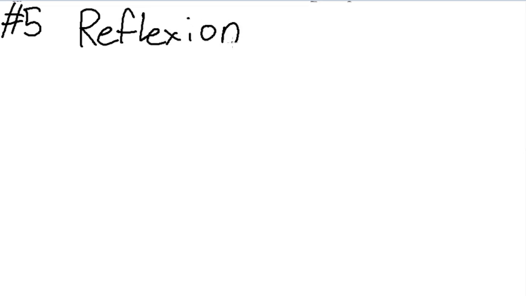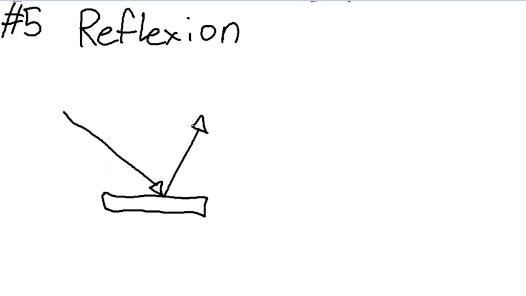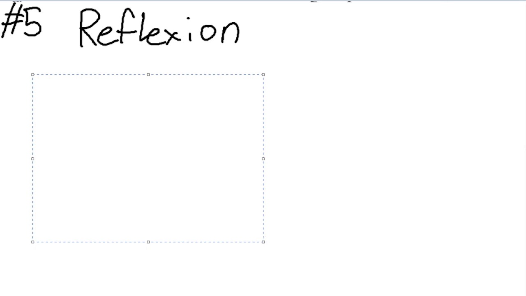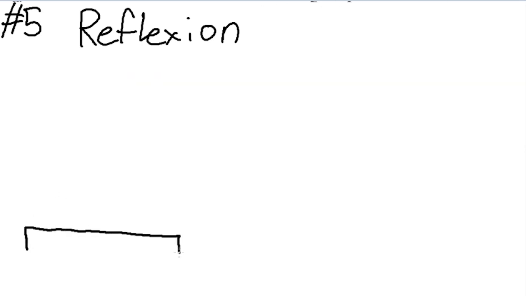So reflection, I'm sure you guys know, it's when light touches an object and then gets reflected. And yeah, that's just the basics of reflection. There's 2 types of reflection. There's this one to the left with a smooth object, and then to the right we have water.